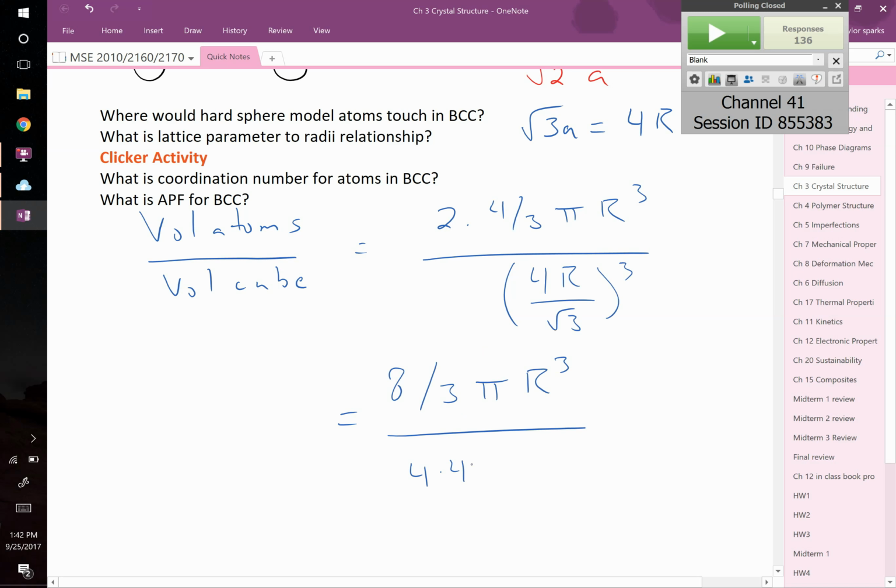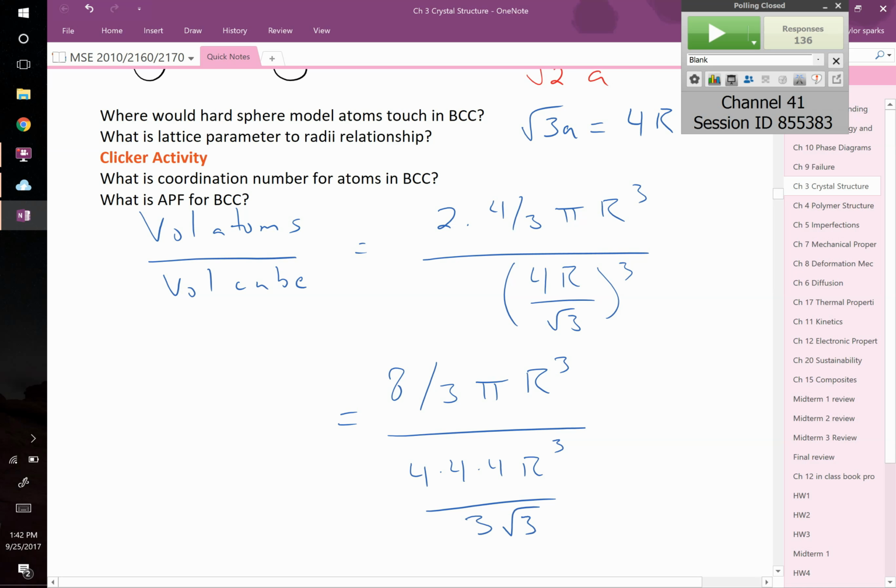So 4 times 4 times 4, right? R cubed over 3. Did I mess up? Oh, that's not right. Sorry about that. That's going to be 9, isn't it? So it's 3 times square root of 3, my bad.